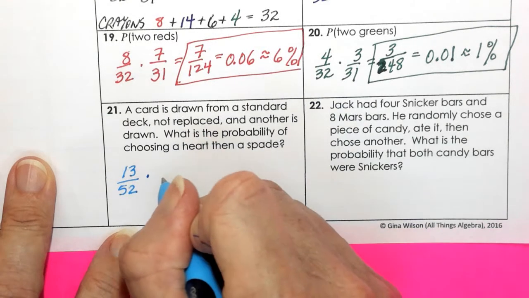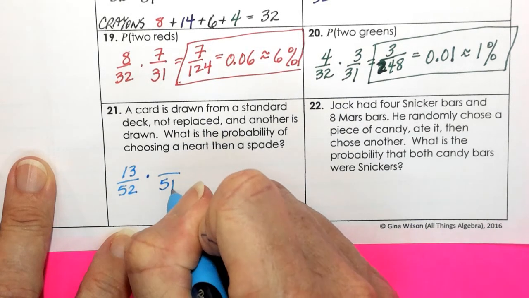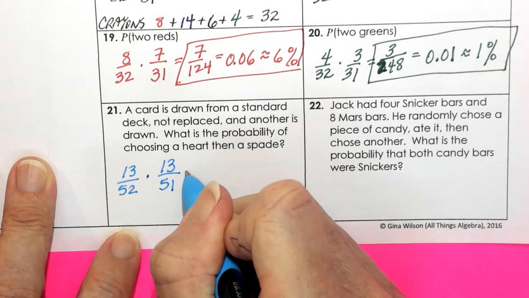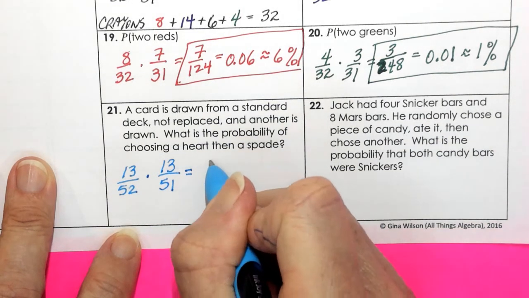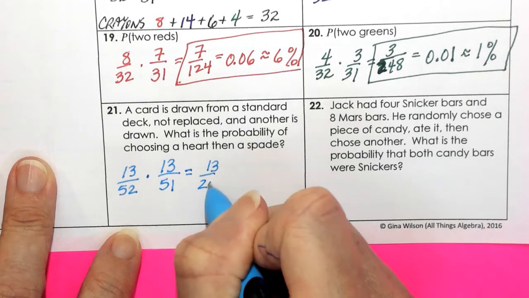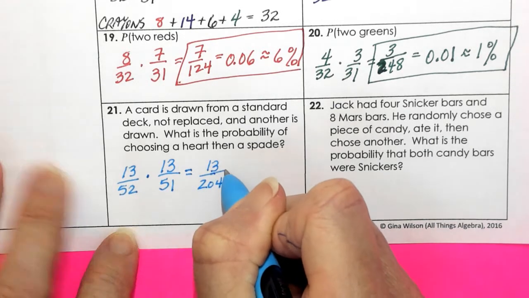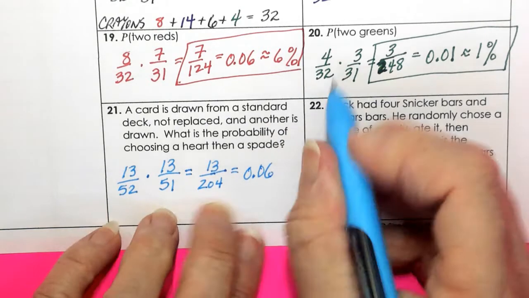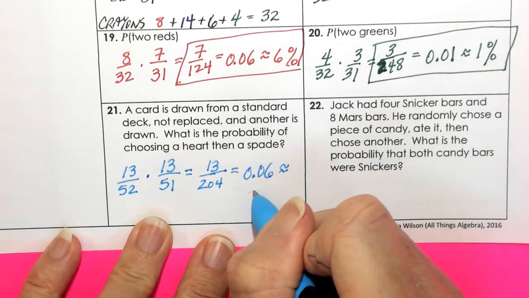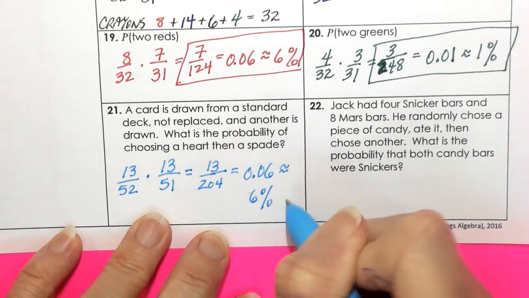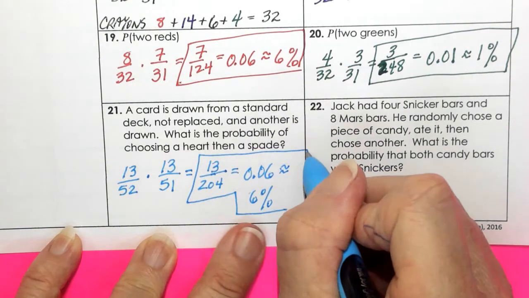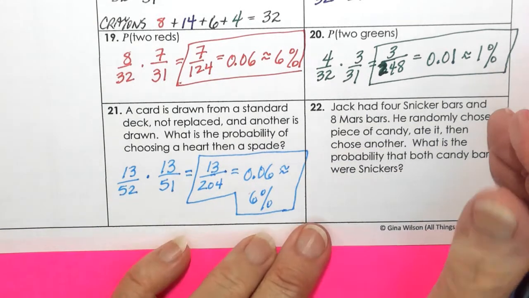We took the heart out, so we only have 51 cards left to choose from, but we're moving suits, so we still have 13 spades in that deck we're choosing from. That will equal 13 out of 204 chance of doing it, which equals 0.06 as a decimal, and about a 6% chance as a percentage. I like all answers all three ways.